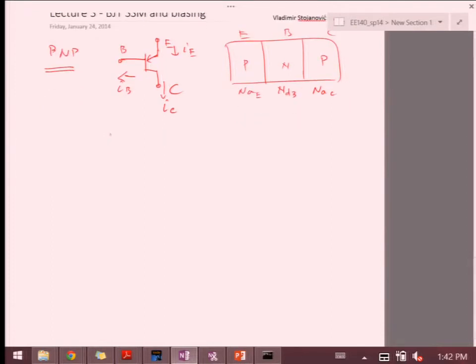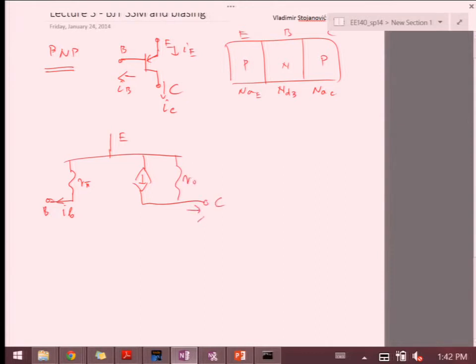Also, I'm going to draw the model with R pi. I'm drawing the base current as coming out of the base terminal.